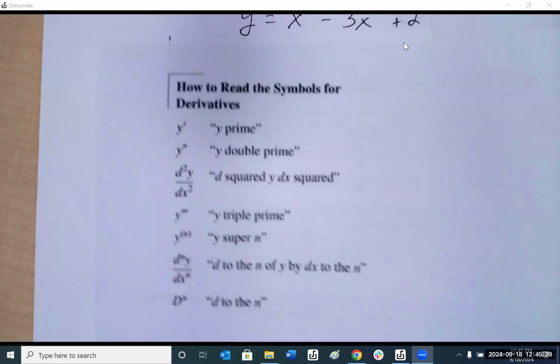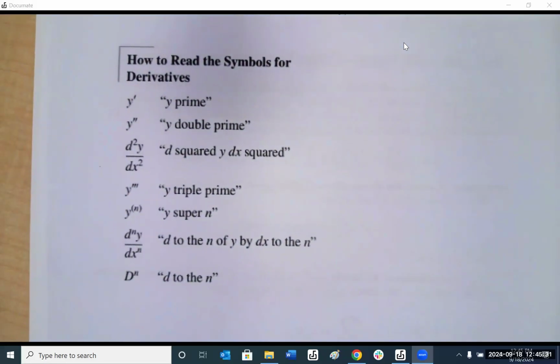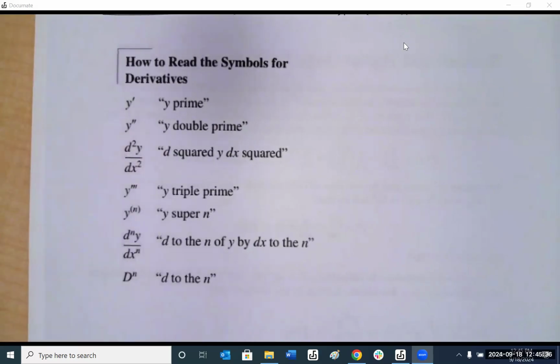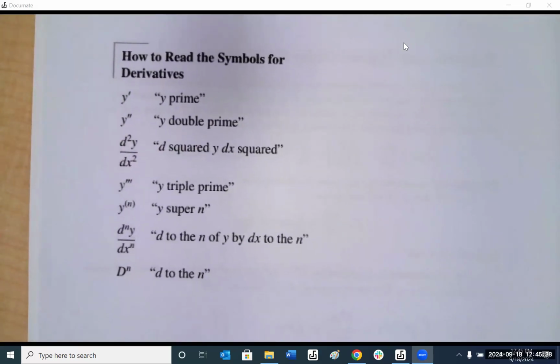The last page of your sheets has different symbols we can write, like double prime, and we'll have exposure to these.